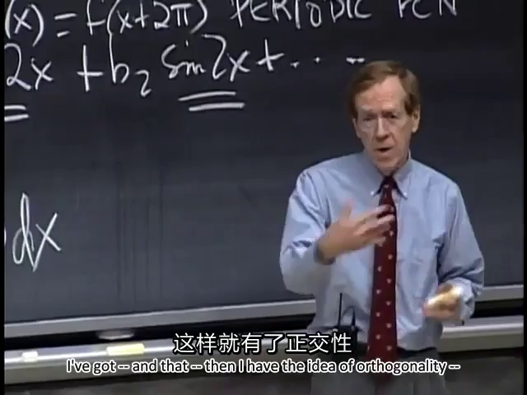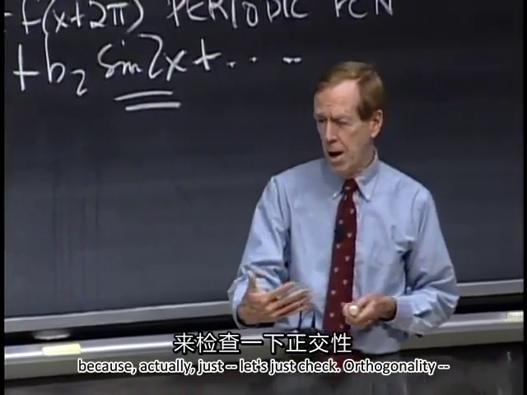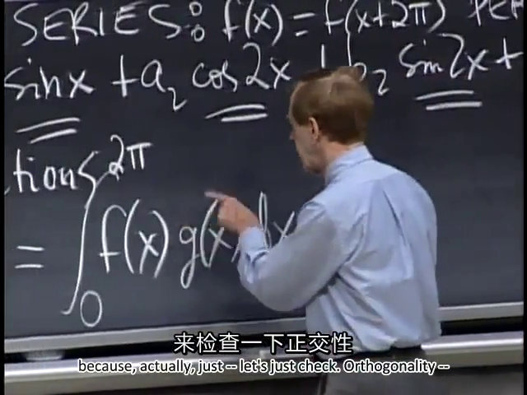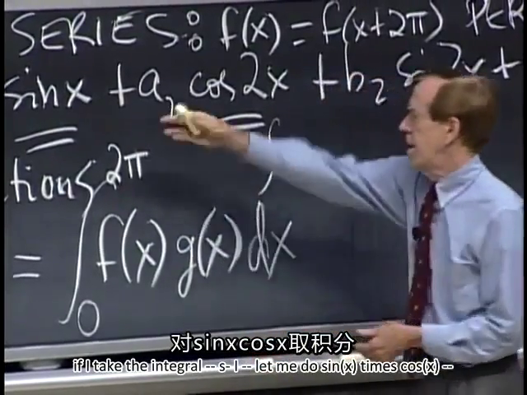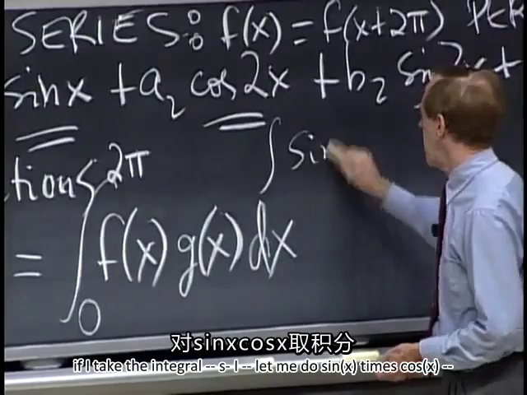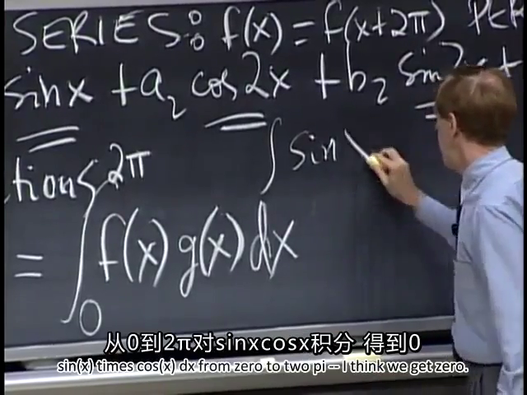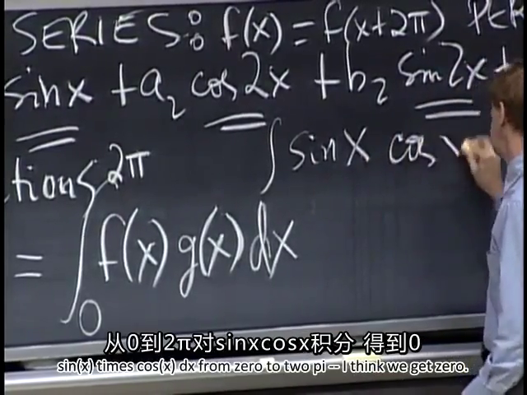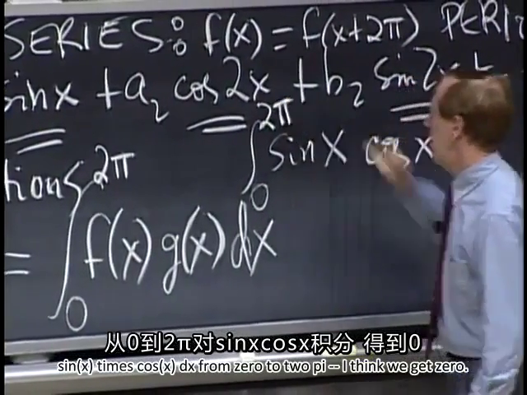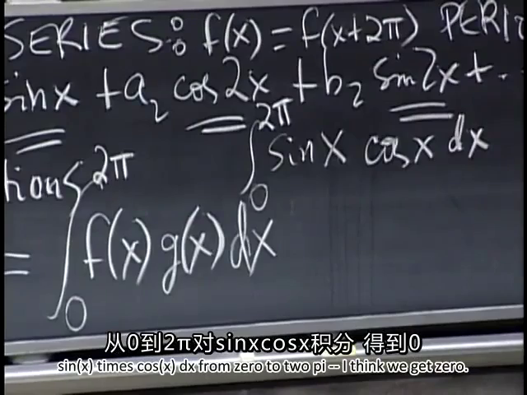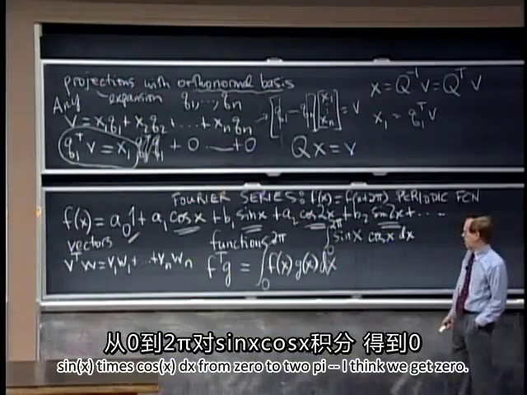Then I have the idea of orthogonality, because actually, let's just check orthogonality. If I take the integral of sine x times cos x dx from 0 to 2 pi, I think we get 0.